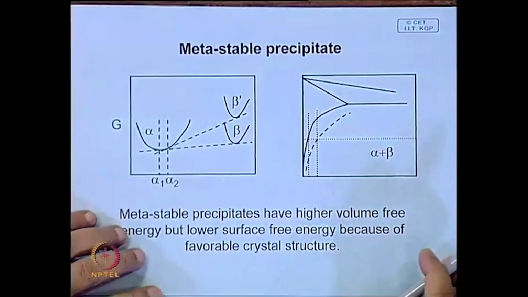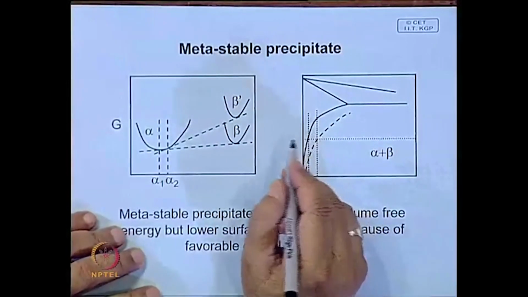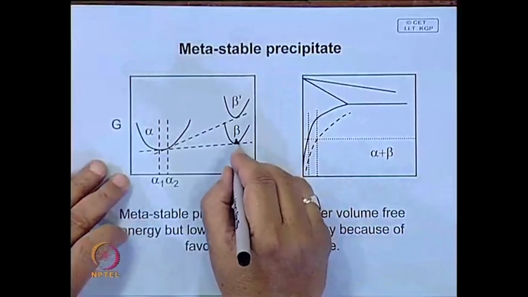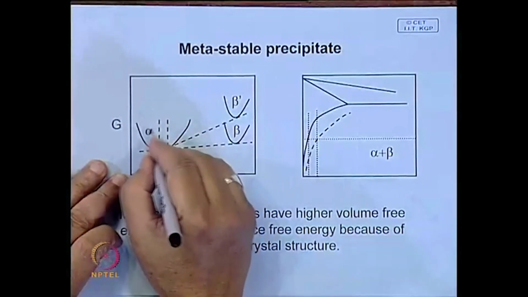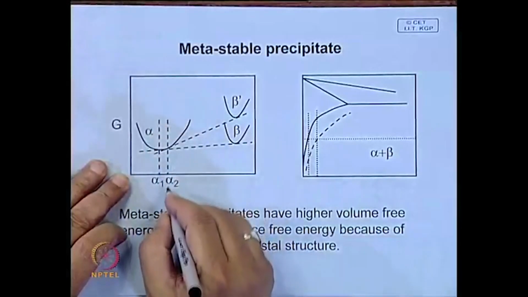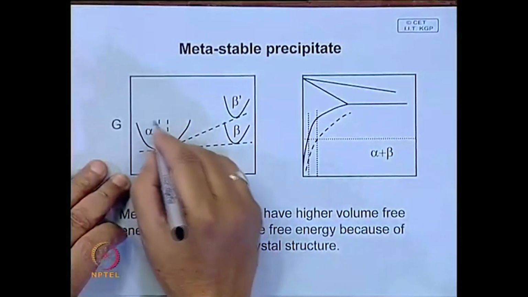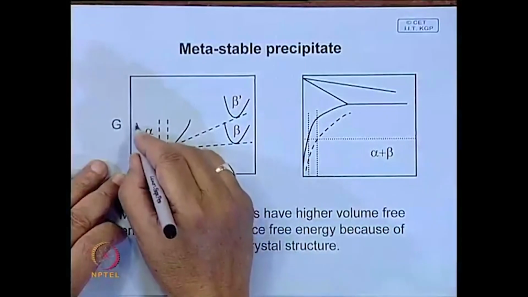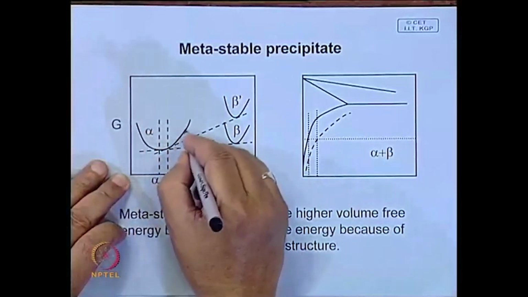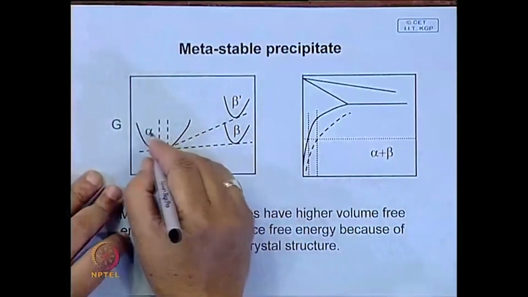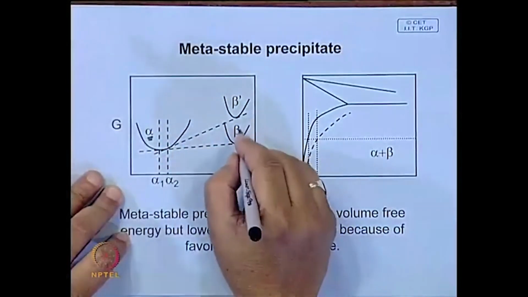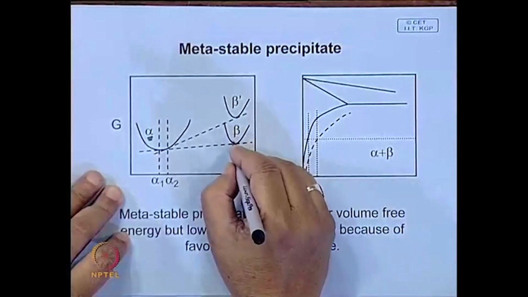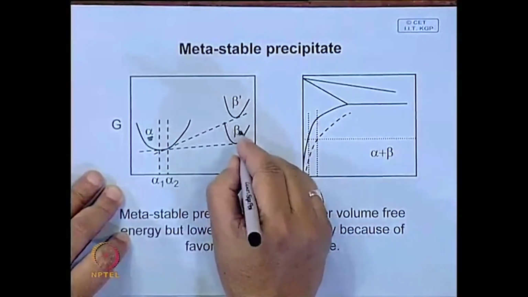Now, last class we introduced the concept of metastable precipitate. Suppose we have the free energy composition diagram for the phase alpha, which is the matrix, the supersaturated alpha solid solution, and this is the free energy composition diagram for the precipitate phase beta.